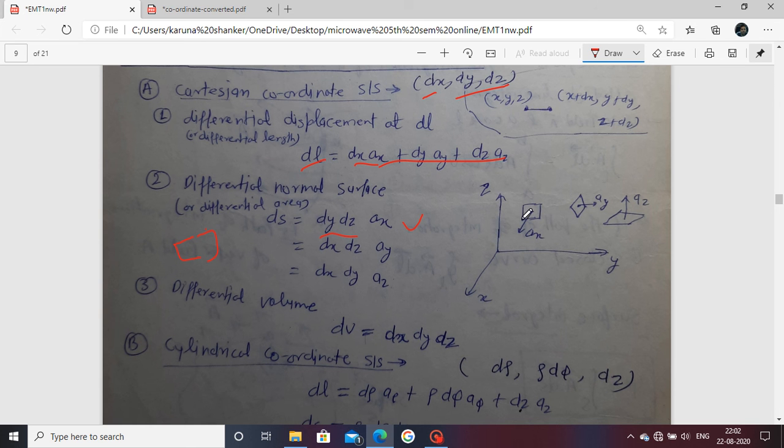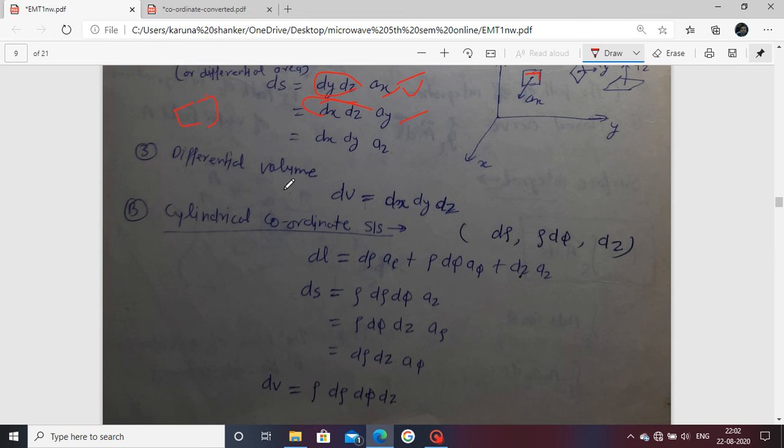You see here, if ax is the unit vector, it means dy and dz are used. Just the opposite value gives the unit vector. Differential volume means multiplying all the differential distances, then your volume is calculated.